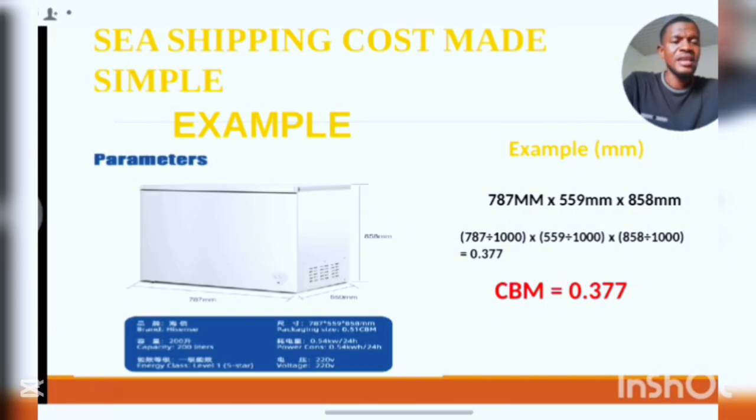In finding the CBM, you first change them into meters before you multiply. So you can see 787 divided by 1,000, multiplied by 559 divided by 1,000, multiplied by 858 divided by 1,000. If you multiply them together, you are going to have 0.377.